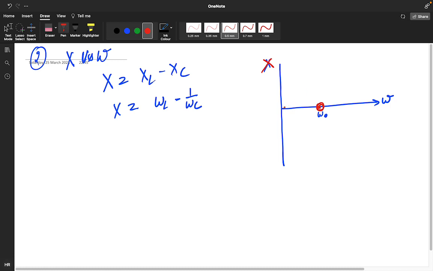And suppose I am drawing a line for this, this is my XL line, and this one is my minus XC line. So at this point, the magnitude of XL is equal to the magnitude of XC, so that's why it gets cancelled out.